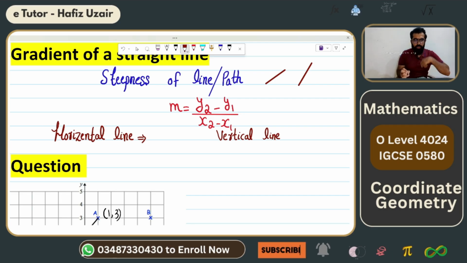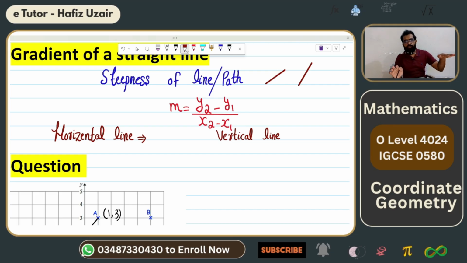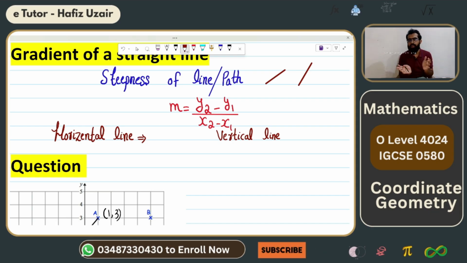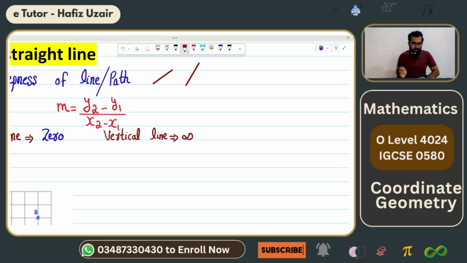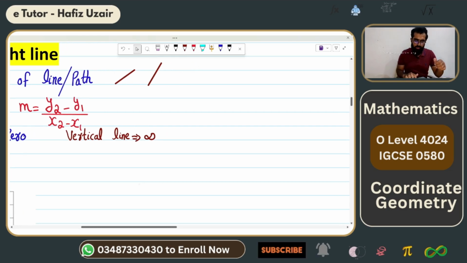A horizontal line is like moving on the floor, so there is no steepness. So the gradient of a horizontal line is 0, because it does not have any steepness, and the gradient of a vertical line is undefined or infinity.